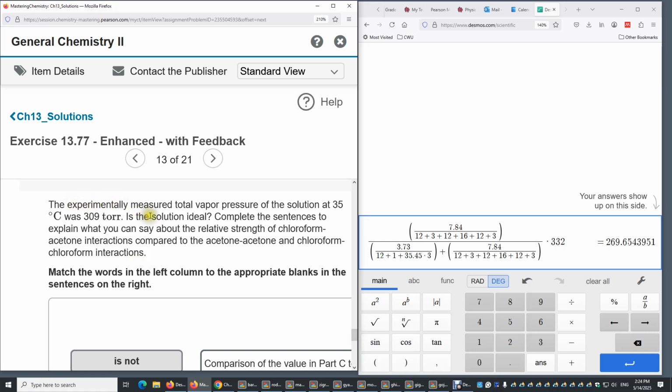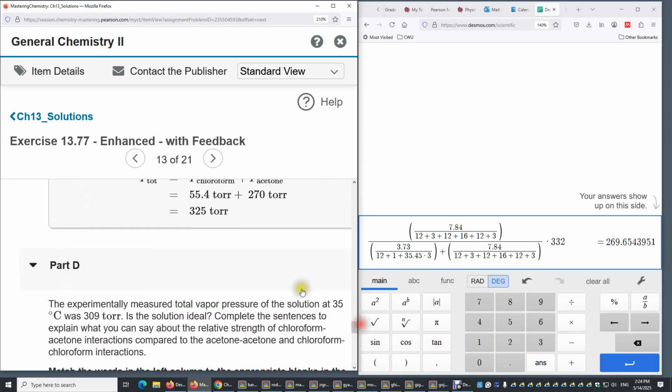The experimentally measured total vapor pressure of the solution at 35 degrees Celsius was 309 torr. Well, it's different from 325.